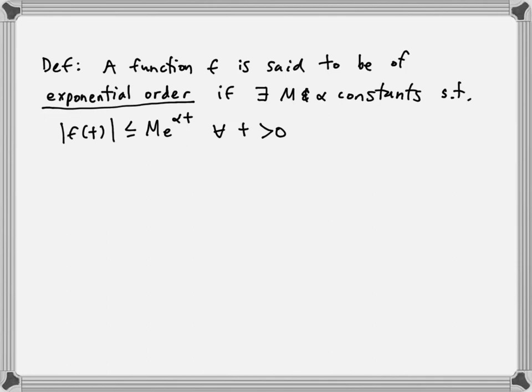Okay, so example, f of t is equal to 10 e to the 7t cosine of 5t.